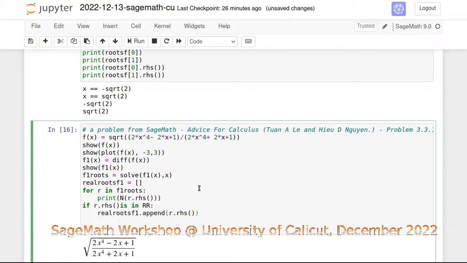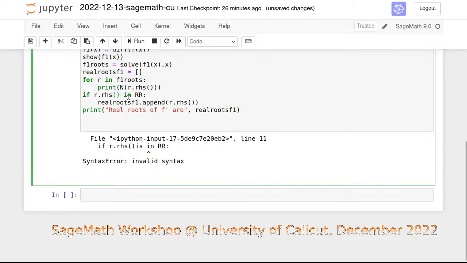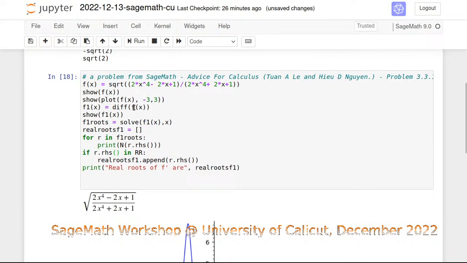So now we can see what the real roots actually are, again as a list, but real roots only. Real roots of f dash are these two. But why are we getting only one real root?